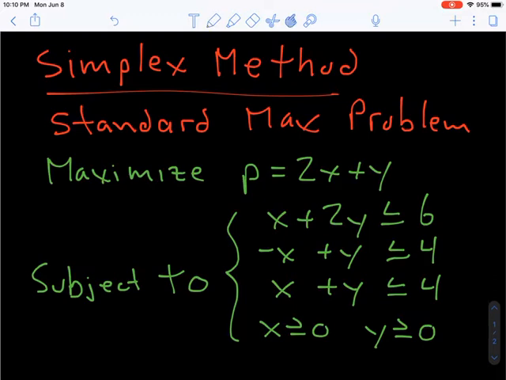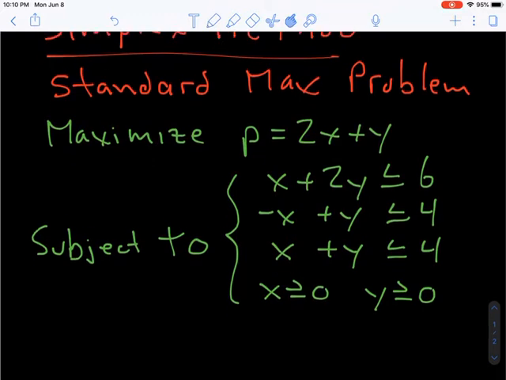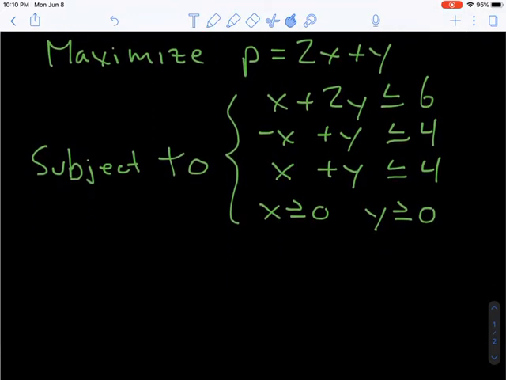First thing that we need to do is to convert this standard maximization problem into a system of equations. We start with the first constraint. So we have x plus 2y, but instead of being less than or equal to 6, we want it to be equal to 6, which means we need to add a slack variable.